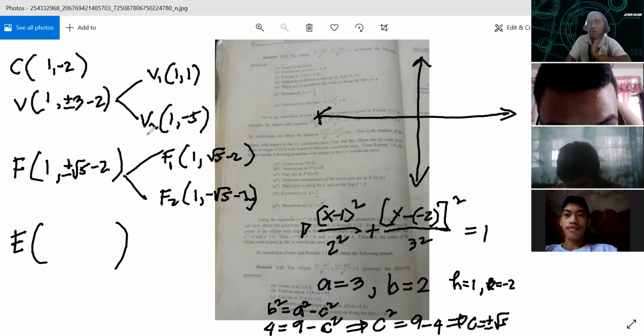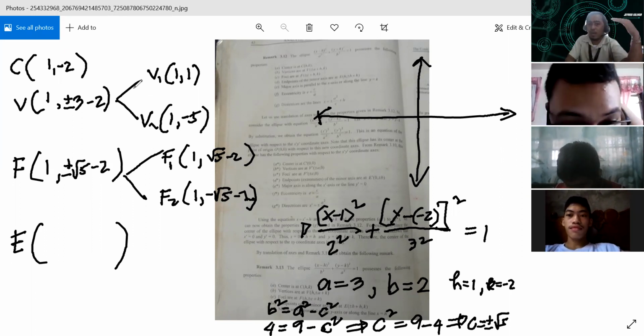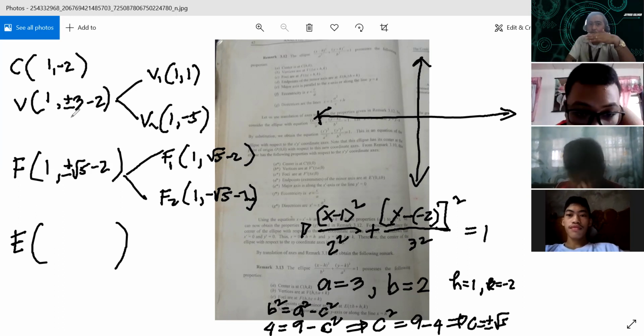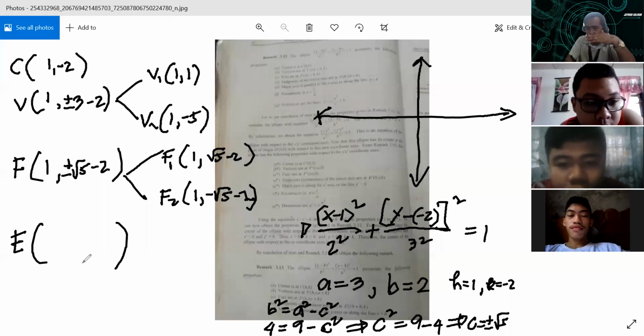If your major axis is parallel to your x-axis, then you will be adding in the ordinate. But for the extremities, you will be adding in the abscissa. Right?